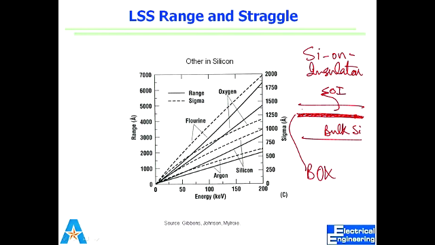Because the more it is, the higher the energy we have to use, and there will be more straggle, so it will be wider. Then we can make devices on top and at the bottom. We can do etching in silicon, and once the etchant reaches this layer, it's going to stop there. We call it an etch stop layer, right? So this is one very common application of oxygen implantation that we do.